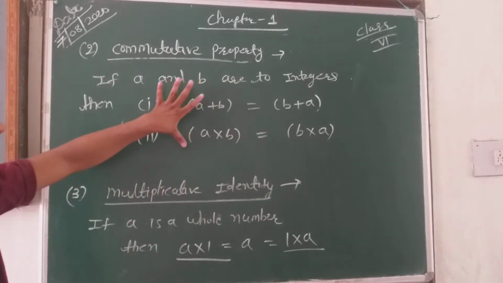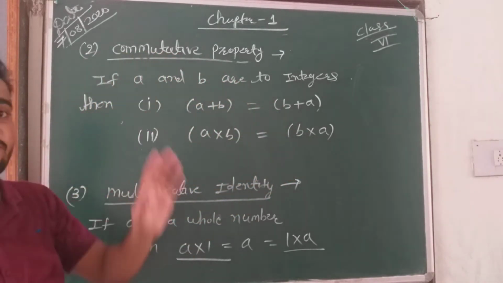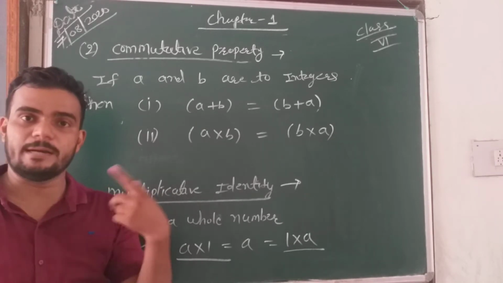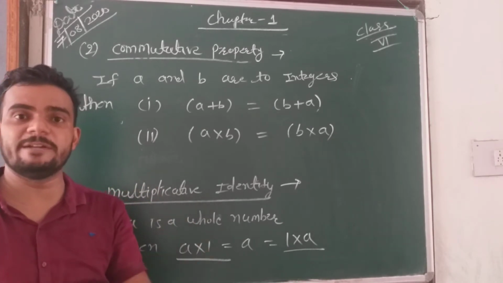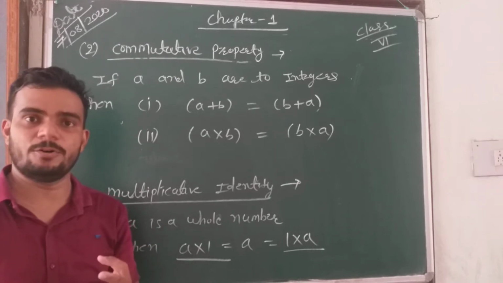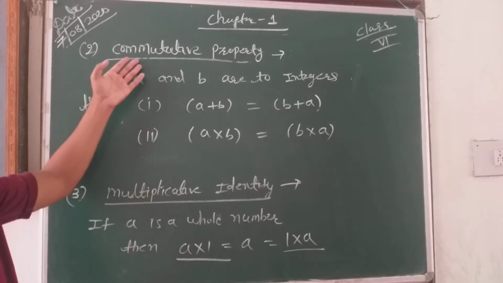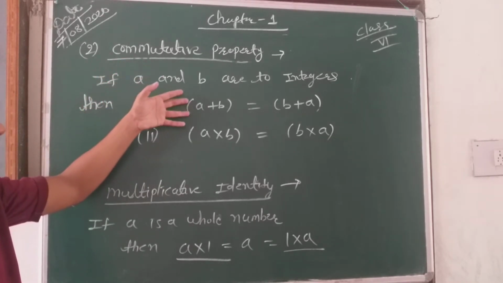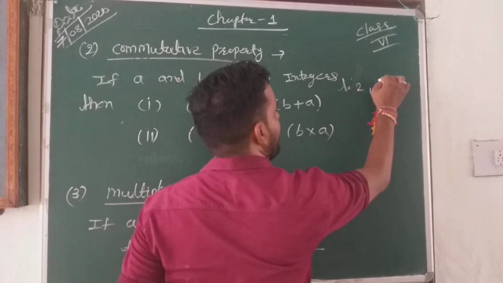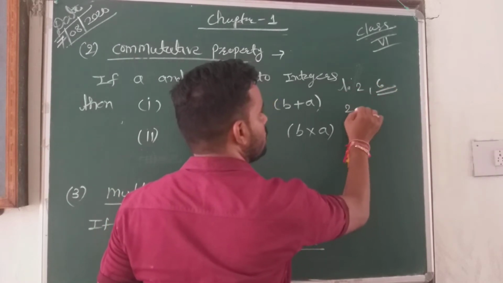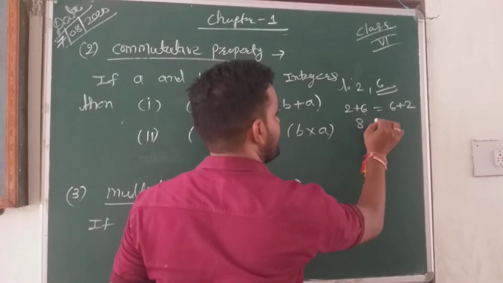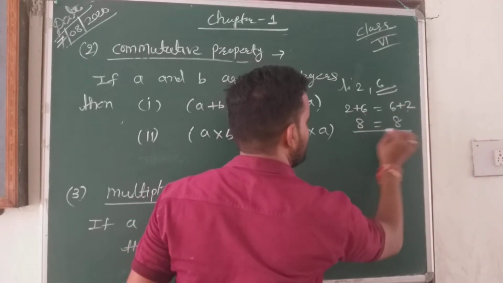Just learn one thing: the commutative property is valid only for addition and multiplication, but the closure property is valid for addition, multiplication, and subtraction. For example, let 2 and 6 be two integers. 2 plus 6 equals 6 plus 2. 2 plus 6 is 8, and 6 plus 2 is also 8.